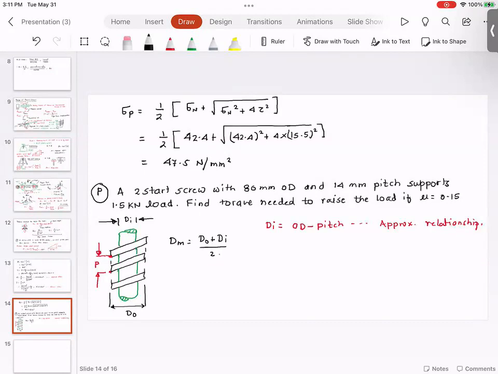So in this particular problem, the outside diameter is given to us as 80 millimeters. Pitch is given to us as 14 millimeters. So the inside diameter is 66 millimeters. So the mean diameter is 80 plus 66 divided by 2, which is 73 millimeters. Helix angle alpha is equal to tan inverse of lead divided by pi times mean diameter.